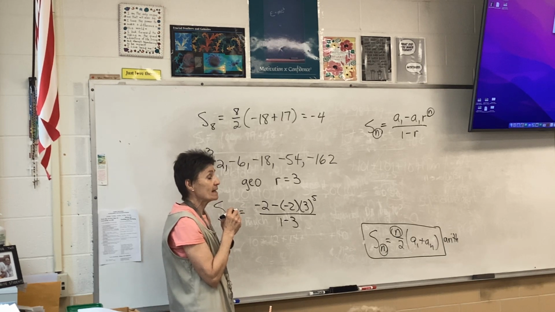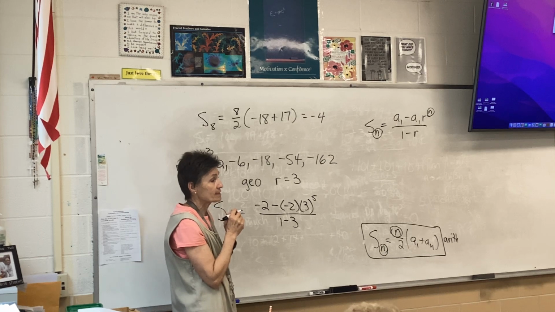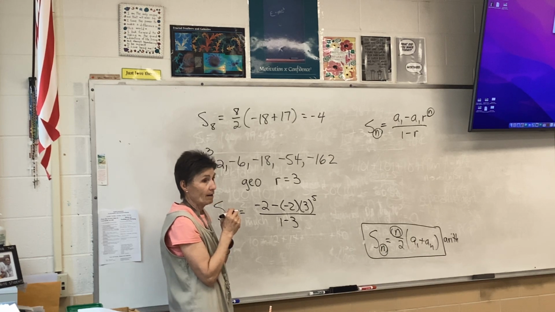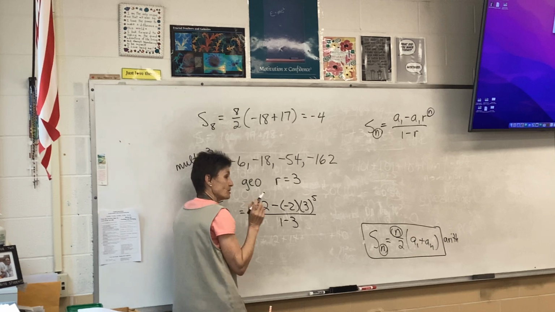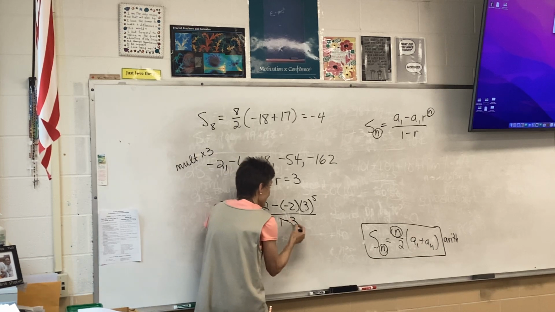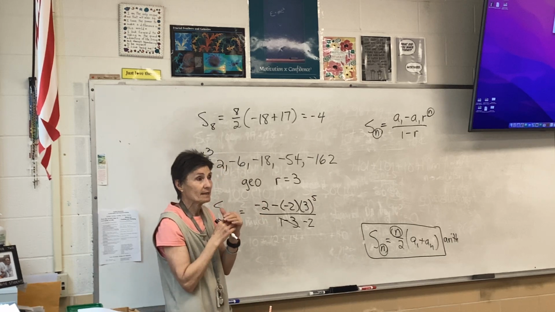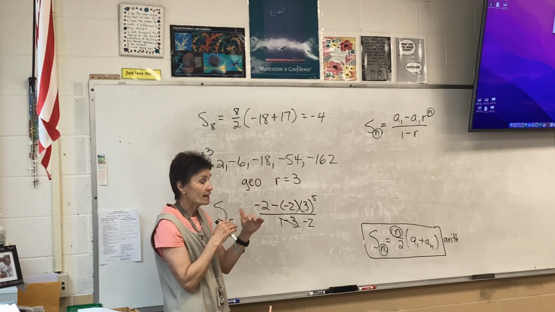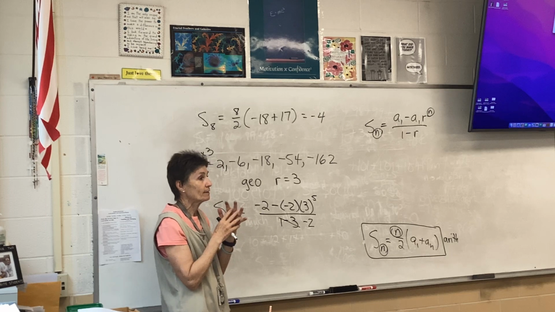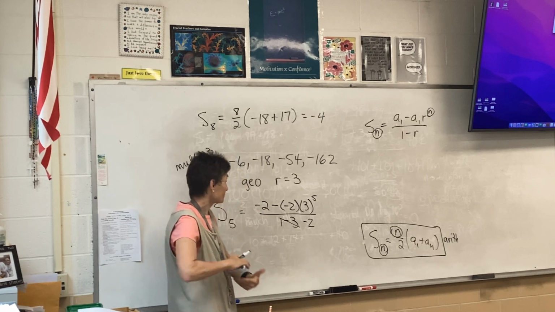Now, I want all the calculators out. We're gonna practice typing this in. I love Scout's idea. The first thing Scout did was make this a -2. That's going to make typing in easier. So go ahead and just do that quick subtraction. So now it's -2.